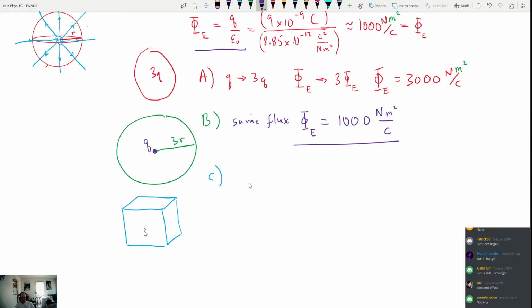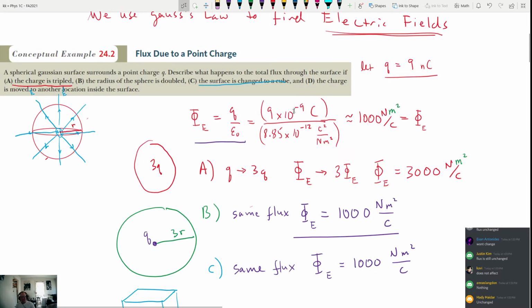It's the same charge from the original part, which was Q. So now again, like you all are saying, same flux, because we changed the surface, but we didn't change what was inside of it, which is all that really matters. So again, the flux in this case would be the same as before, 1,000 newtons meters squared over coulombs.